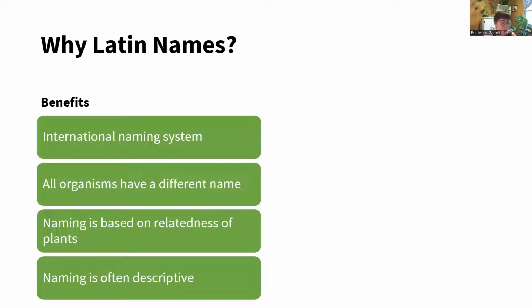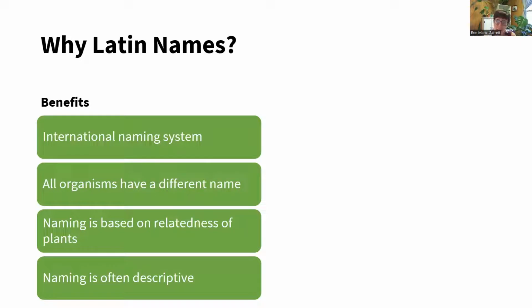Once you start using scientific names, understanding that the genus name can reveal information about how closely related plants are to one another. I'm going to talk about this example in a second, but Dahlia candida and Dahlia purpurea are two different plants.